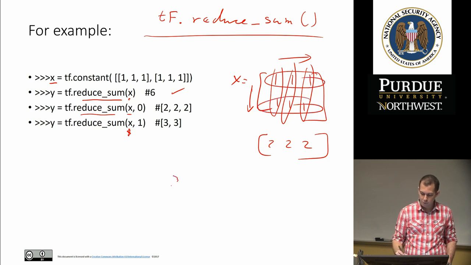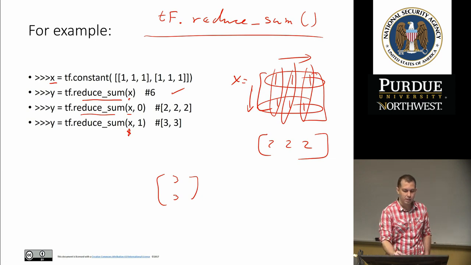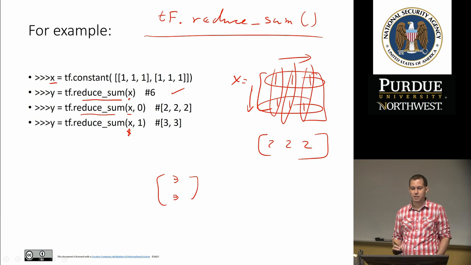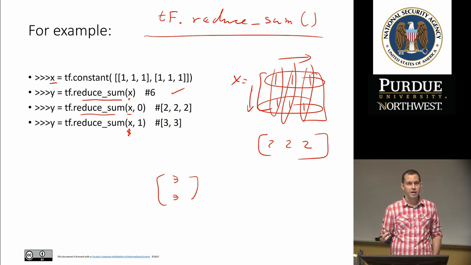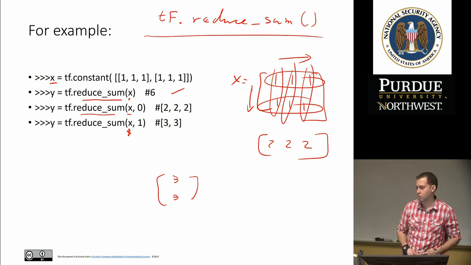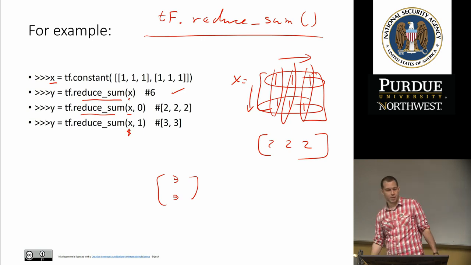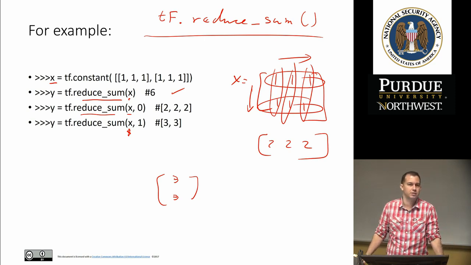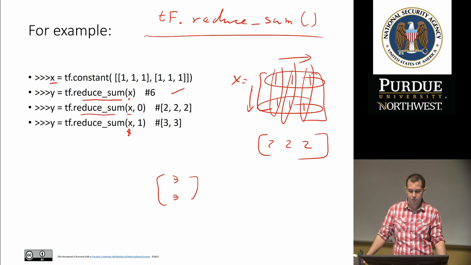So that should be 3 and 3, because 1 plus 1 plus 1 is 3. That is basically the way TF reduce_sum works. It is a very handy TensorFlow function that you'll come across, and it's one of those peculiar things specific to TensorFlow because it uses tensors.